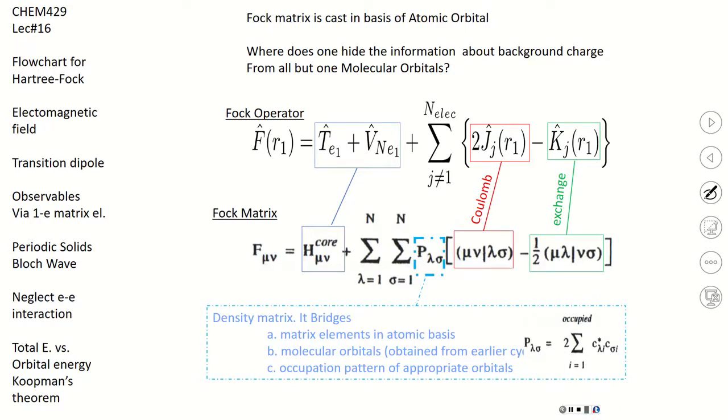And in the little box covered here, there is a summation over indices, and C capital once, C capital another time, going over all orbitals, the product of the expansion coefficients.